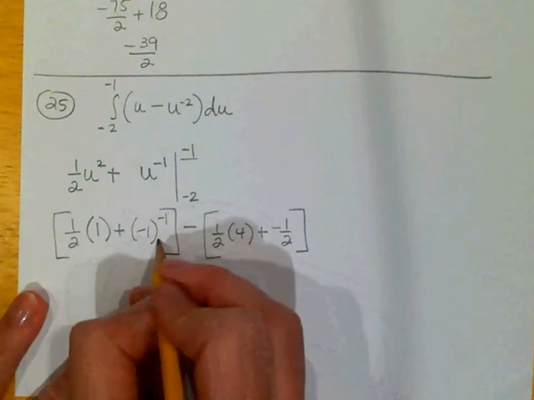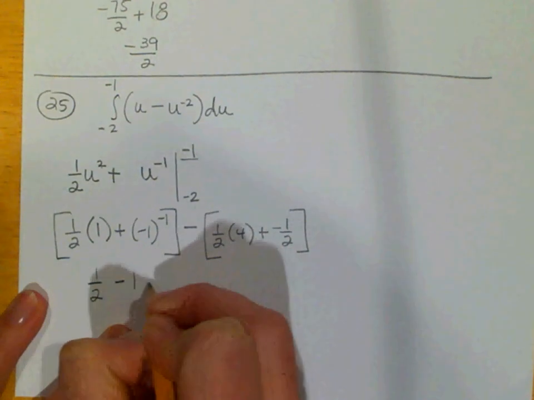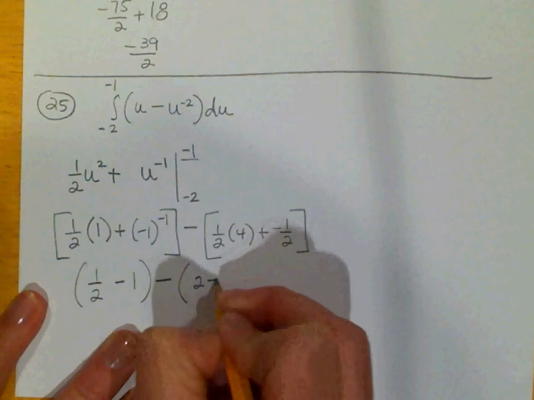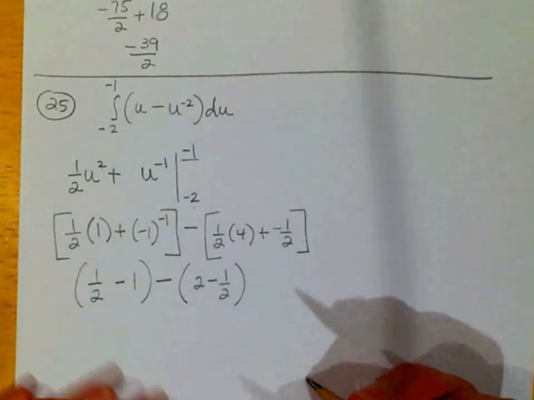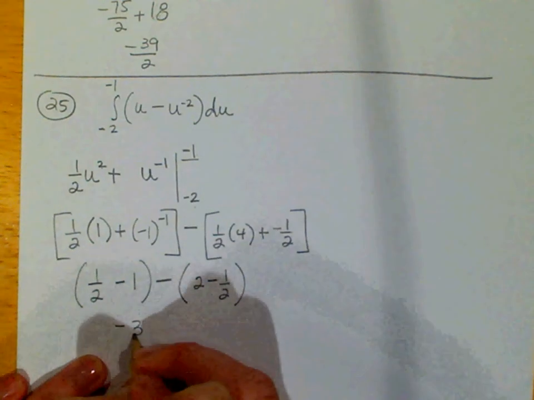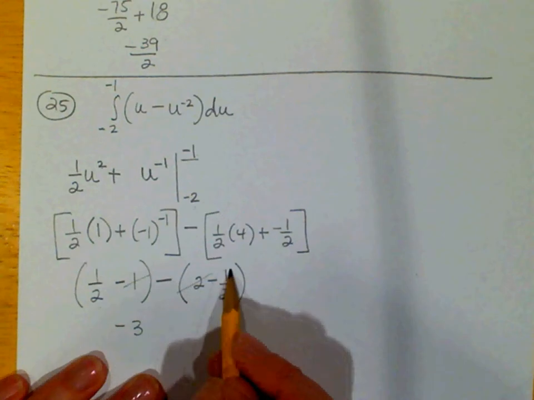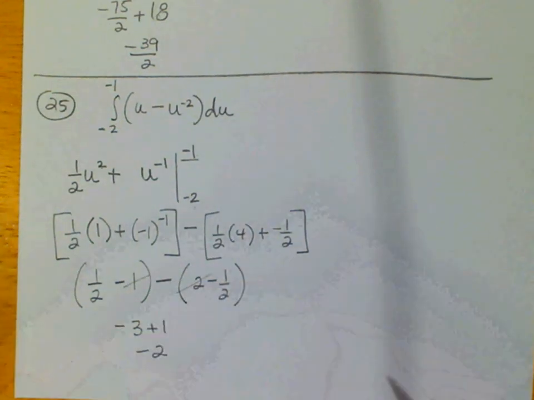So 1/2 minus 1 minus 2 minus another half. Putting those together, I get a negative 3, and then 1/2 plus another 1/2 is 1, and my answer is negative 2.